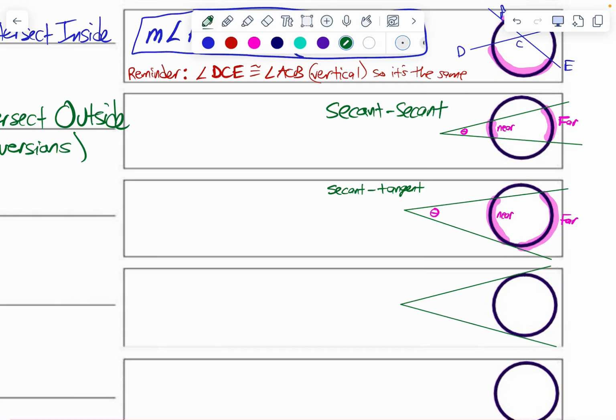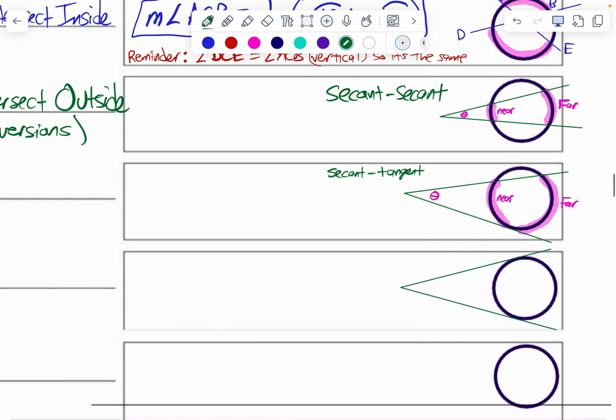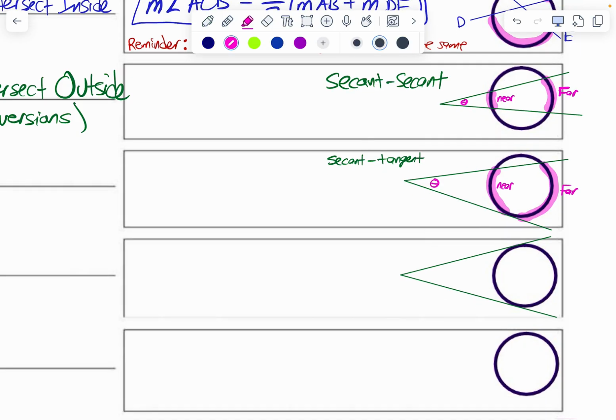Something like that. Let me write the name. I forgot to do that.